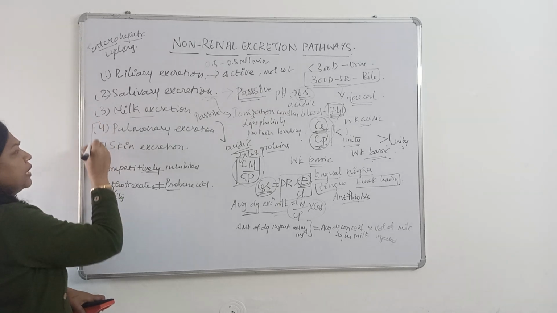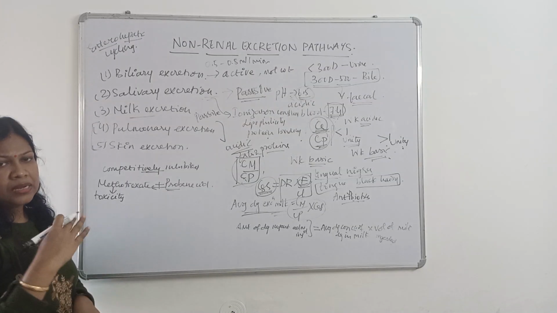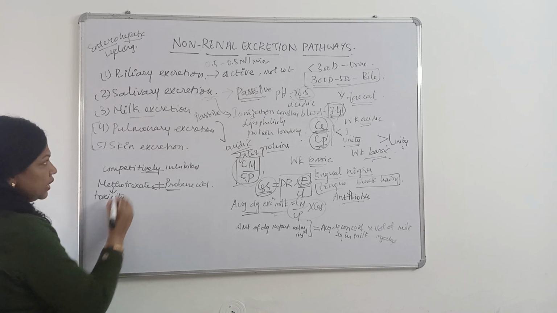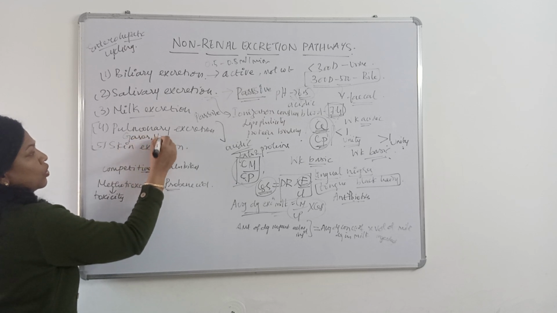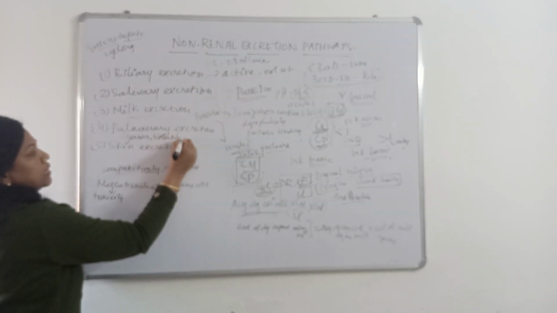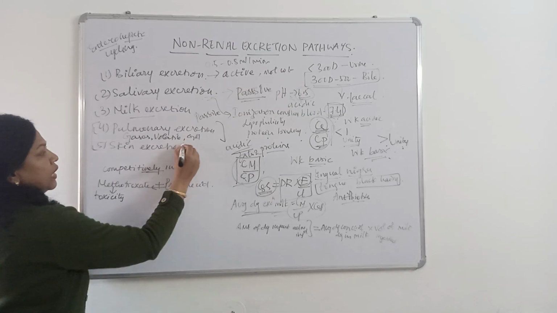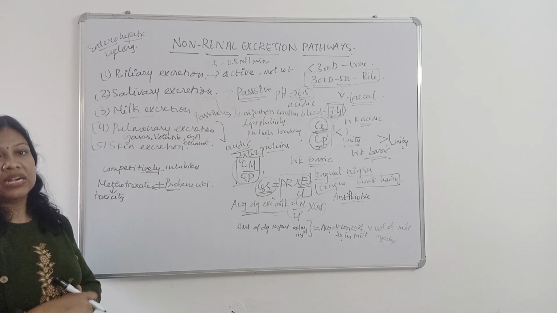And the minor routes of drug excretion are pulmonary excretion and skin excretion. Pulmonary excretion is excretion of drug through the lungs. Mostly the drugs which are in gaseous state or volatile drugs like general anesthetics, drugs which are volatile in nature, ethanol, all these can be excreted through the lungs.